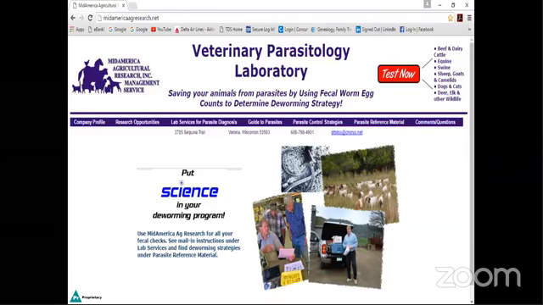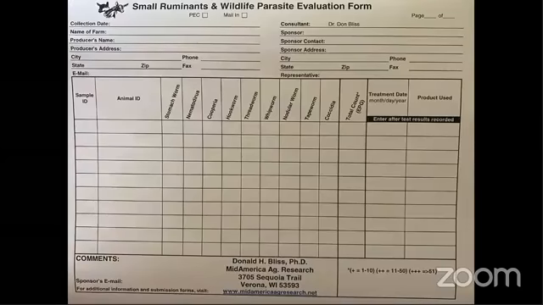You can click on Tests Now and download a small ruminant form if you want to send samples in. Make sure your sponsor is, I would put down Kyra or certainly Merck. If you know your rep, put that on your form so we know where they're coming from, and it's a sponsored form.